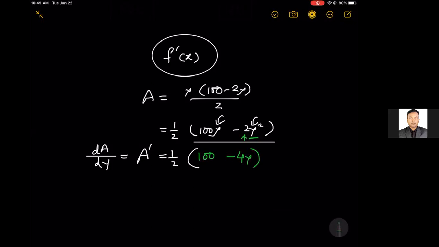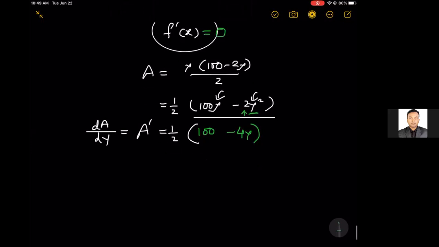Now we need to set this to 0, because for finding minimum and maximum, we first find the first derivative and then set that to 0. So half times (100 minus 4y) equals 0.